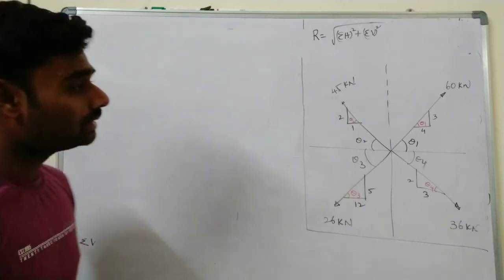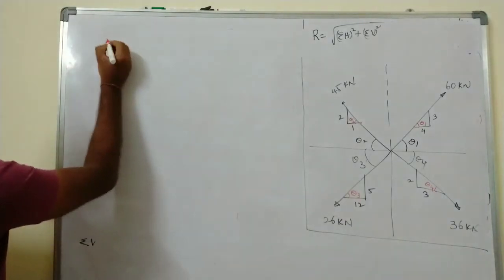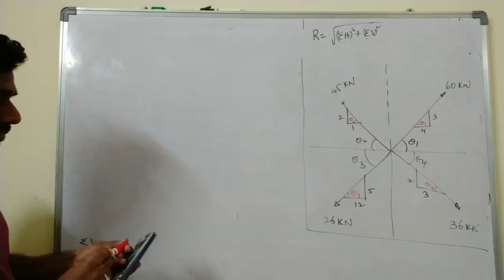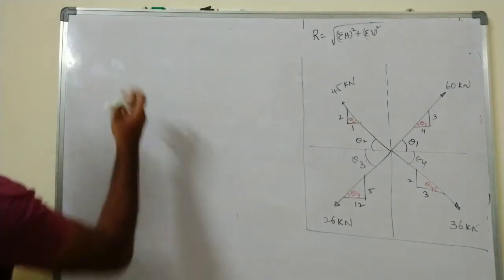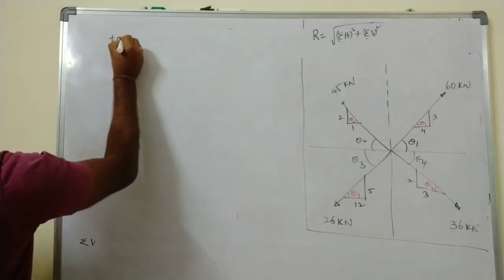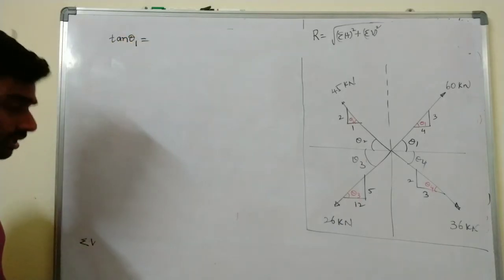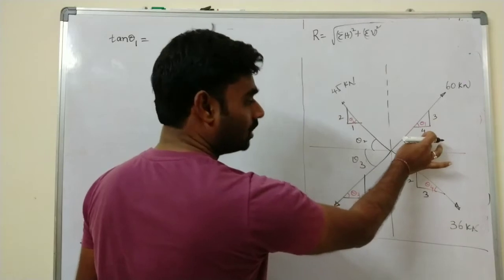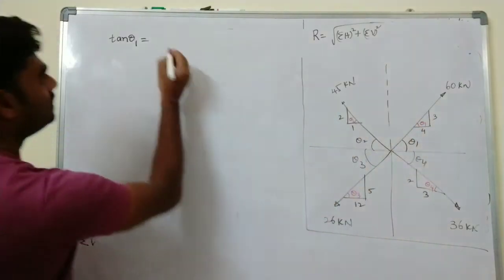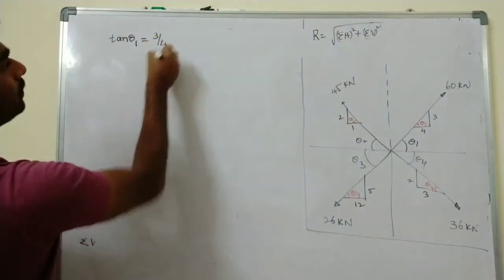But how to calculate theta 1? See the procedure. Tan theta 1 equals opposite by adjacent. Opposite is 3, adjacent is 4, so tan theta 1 equals 3 by 4.